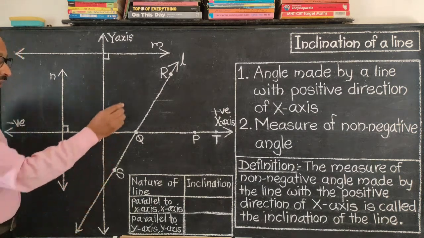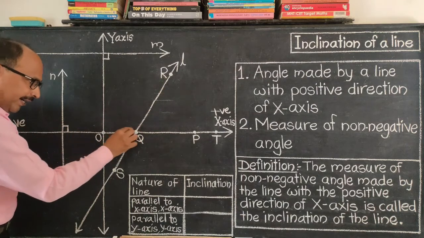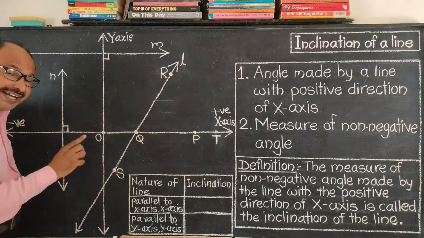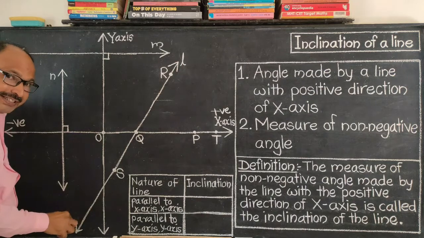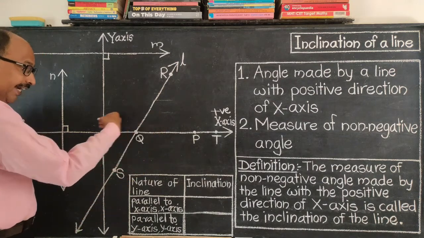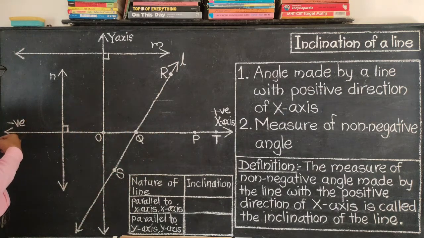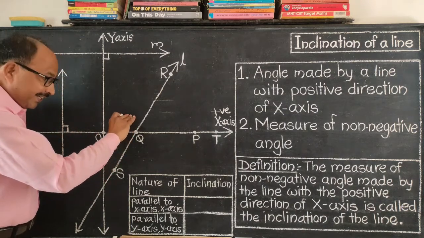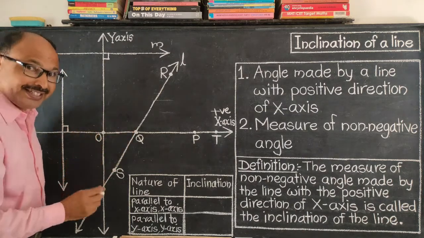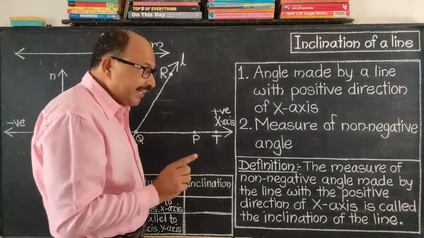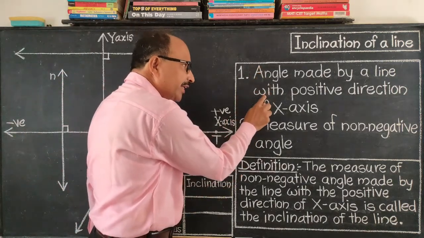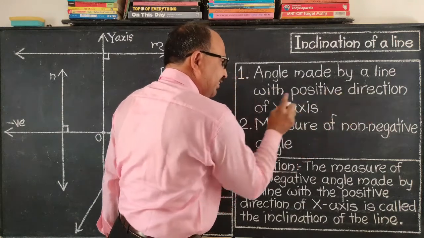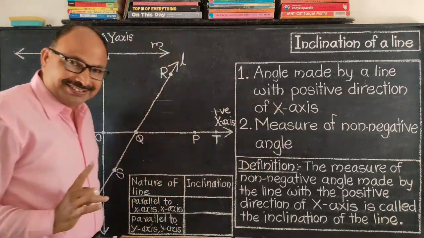Therefore, these two angles are made by the line with negative direction of x-axis. So, do not consider these two angles, as we need angle with positive direction of x-axis.